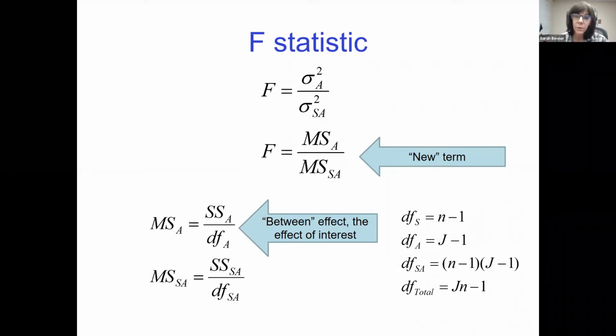It's the error term, remember, with the variance due to the individual subjects, SSS, removed. The mean square error for each of these is the sum of squares associated with that mean square divided by its degrees of freedom, and the formulas for the degrees of freedom are found over to the right on this slide.